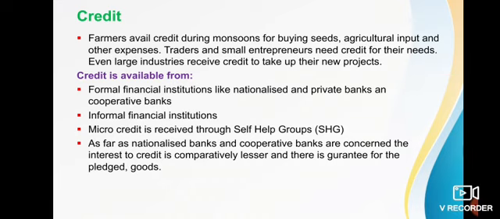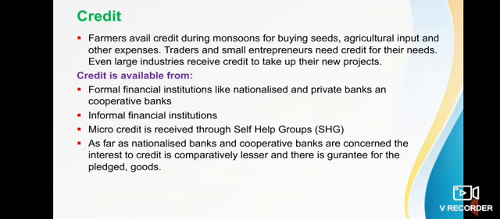Credit. Farmers avail credit during the monsoon for buying seed, agriculture inputs, and other expenses. Traders and small entrepreneurs need credit for their needs. Even in day-to-day life, all of us get credit to run our day-to-day activities.